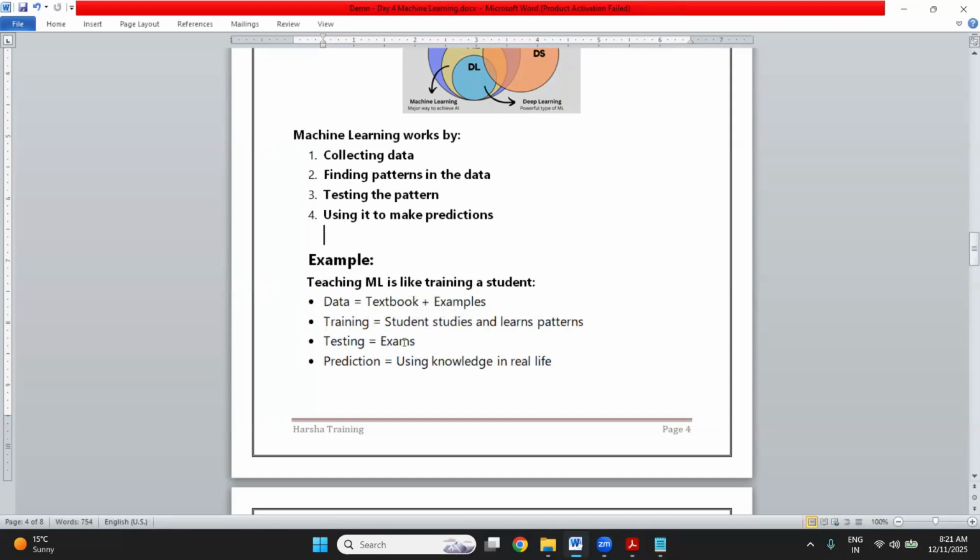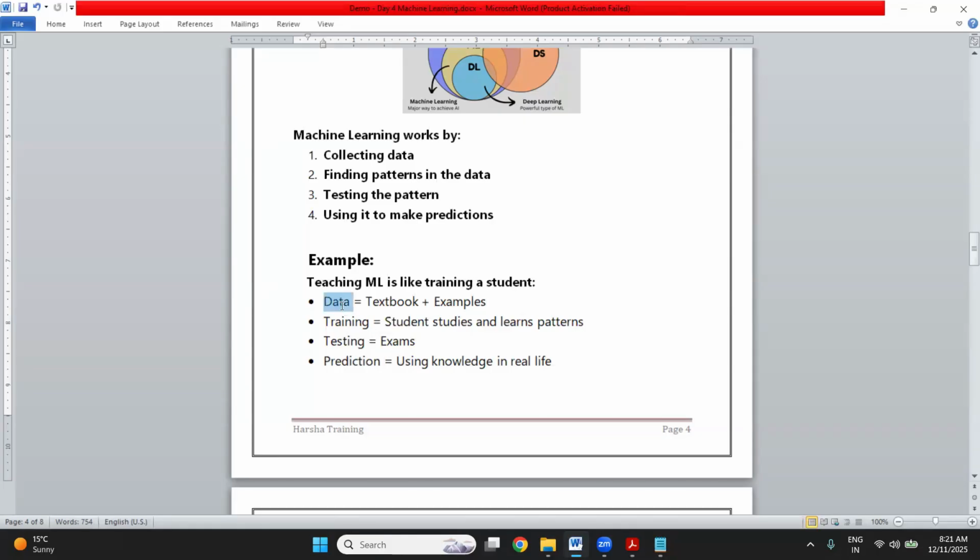Once he has learned, once he has tested, once he has assessed himself, he will implement his knowledge in the real world. That is nothing but prediction. If there is some requirement or any problem he wants to solve, he will use all his learnings, whatever he understood, and implement it in real life. That is nothing but prediction in machine learning terms.